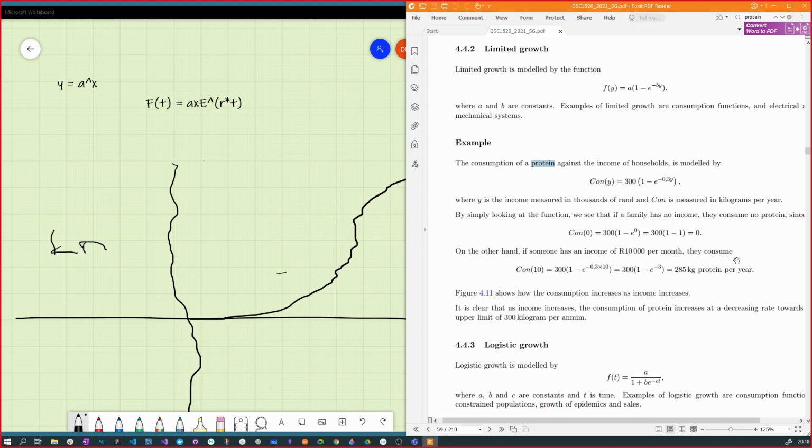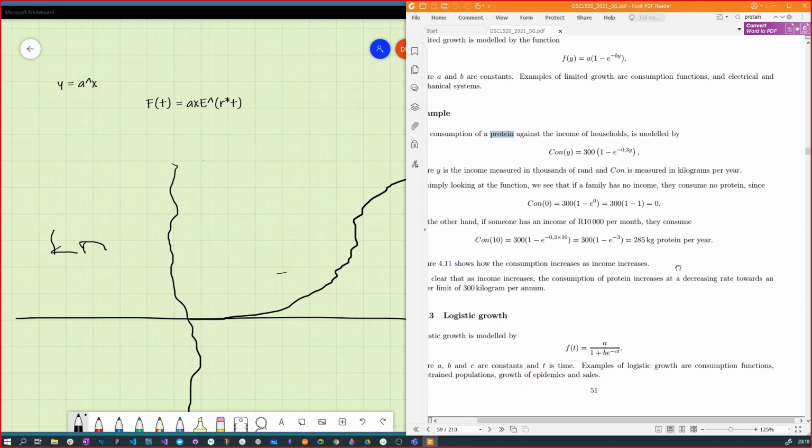We find that poorer households spend more of their disposable income on meat because they have less disposable income. But when you get to a point where you're making like 100 million rand a month, let's say, you're not going to be eating 100 times more protein than a household that has only 1 million rand income. So what happens is that you start saving your income, etc. And there might not be enough protein for everyone.